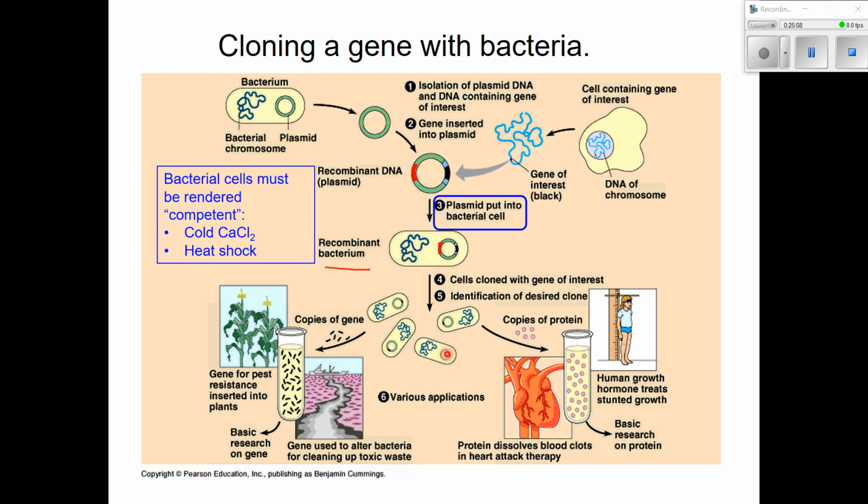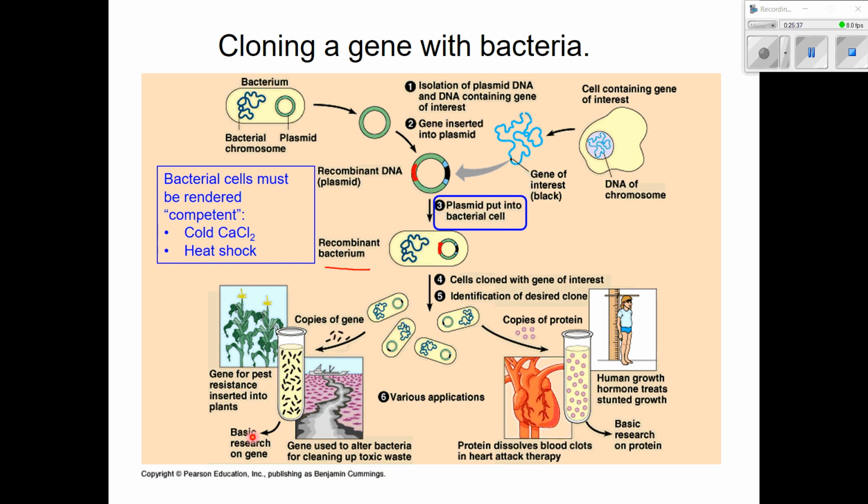So at this point in the process, there's really three directions this can go. You can use these bacteria as they divide and reproduce to make many copies of whatever the gene is. Remember, I just used the human insulin gene as my example, but it could be a lot of other genes. Whatever the gene is, I can use the bacteria to make many copies of that gene.